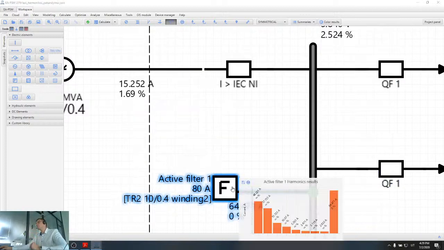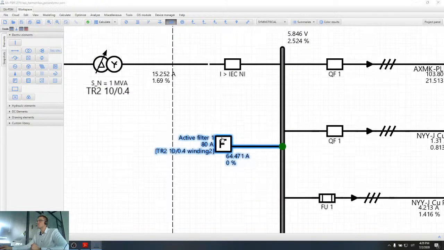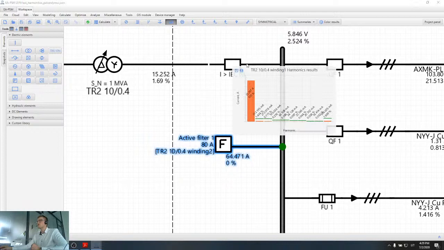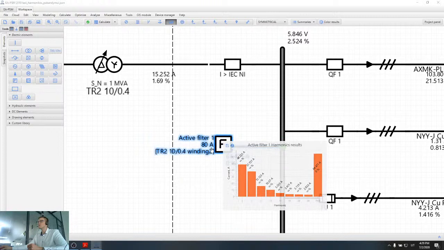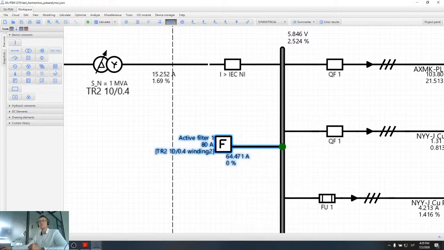So this is the way an active filter is selected. You simply have to make sure which part of the network is measured, and you have to select the power of the active filter, like what is the maximum current this filter injects into the network.